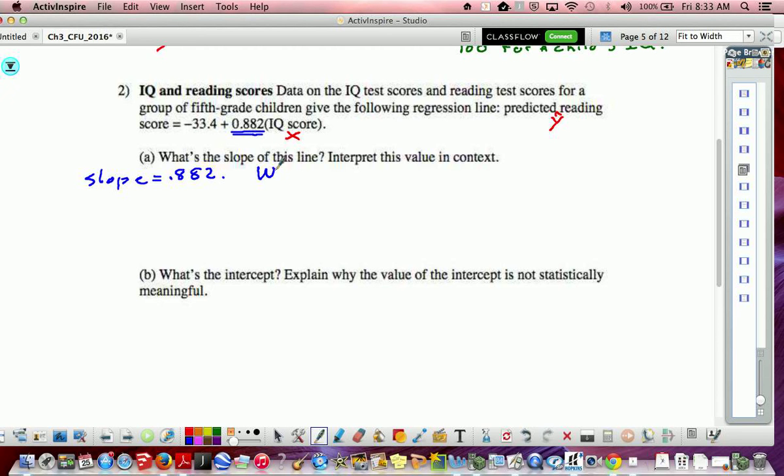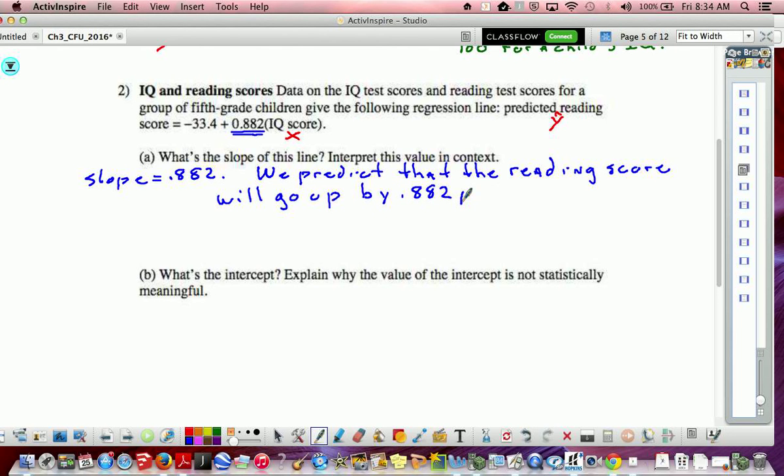So we would say we predict that the reading score will go up by 0.882 points for each 1 point increase in IQ score.